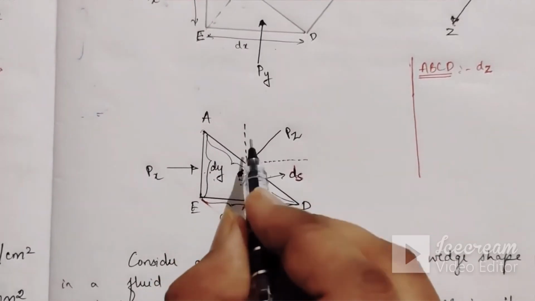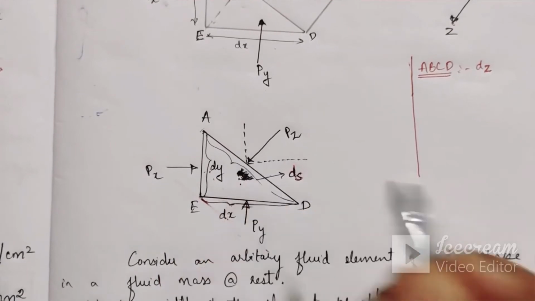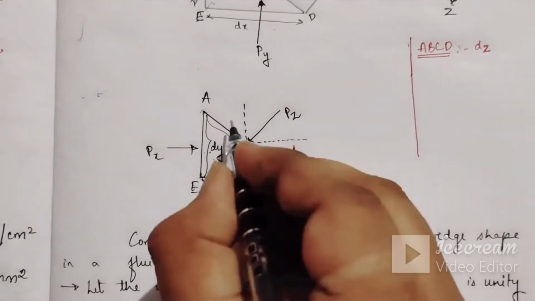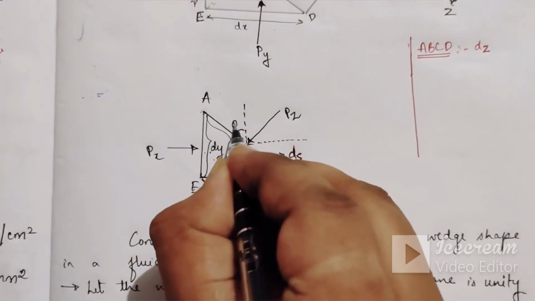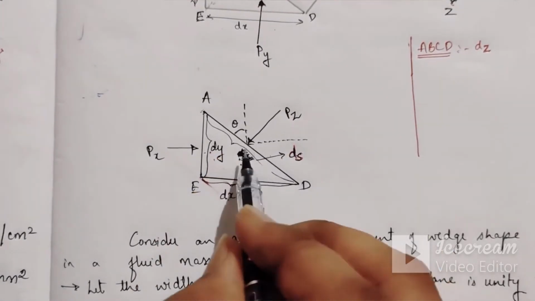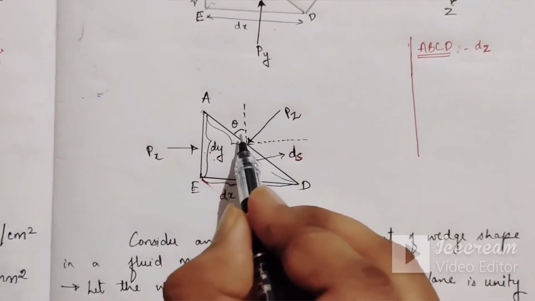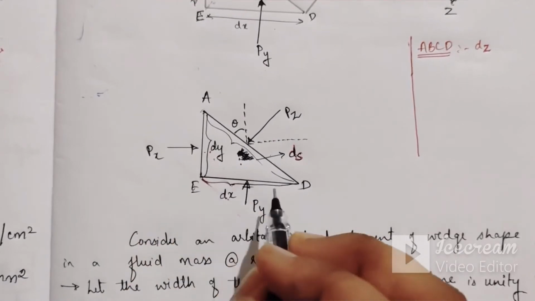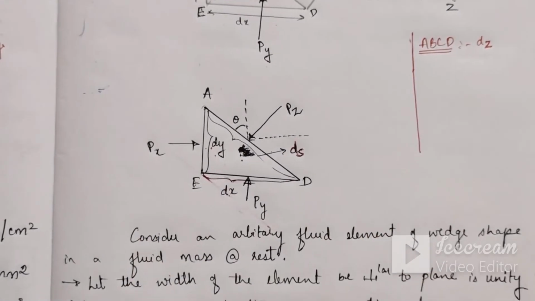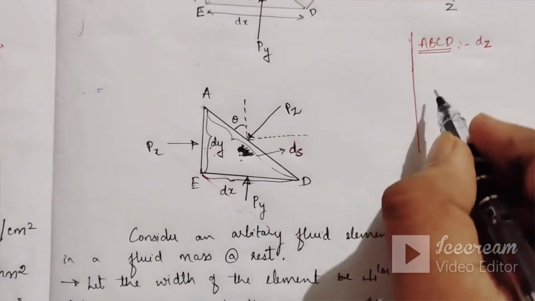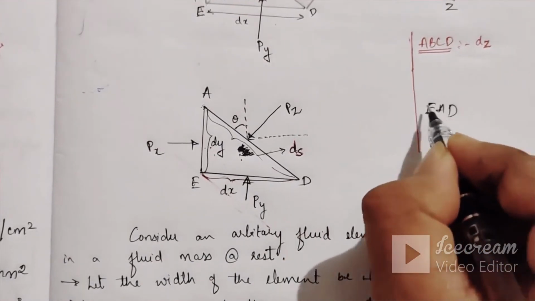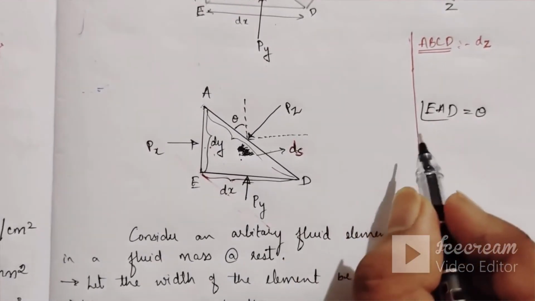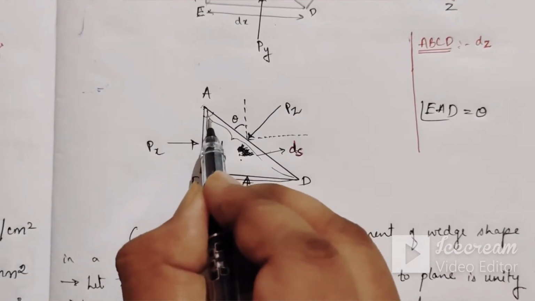I'll take this angle as theta. So this is theta, and now PZ, this is theta, right? The angle EAD is also theta. So this is also theta and this is also theta.